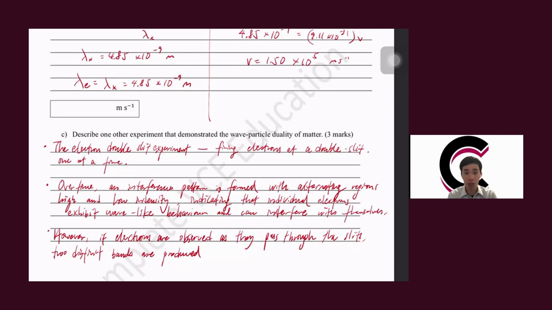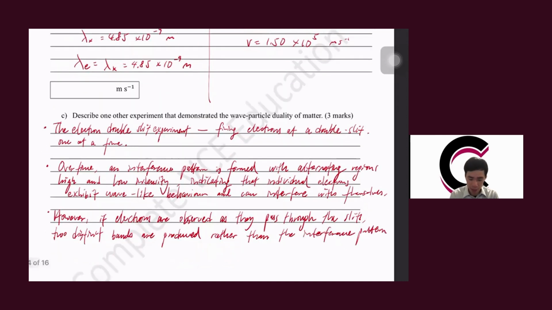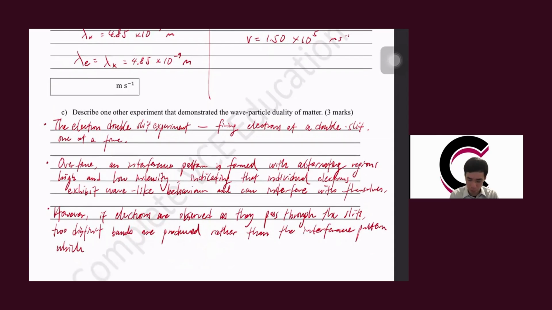Two bands are produced, rather than the interference pattern. This is particle behavior, particle-like behavior. So this shows wave-like and particle-like behavior. That's how you get the duality.